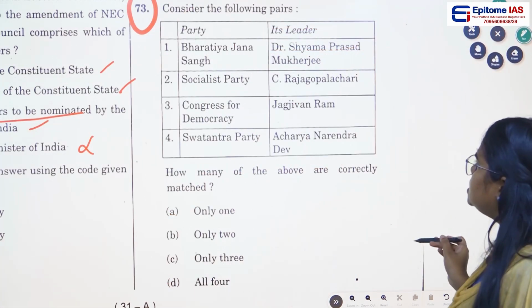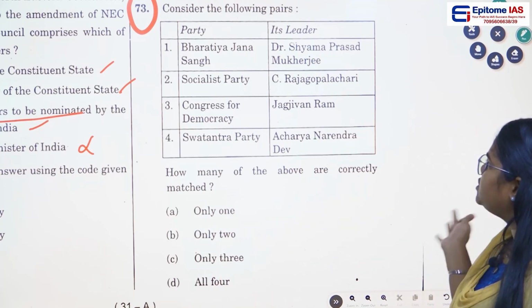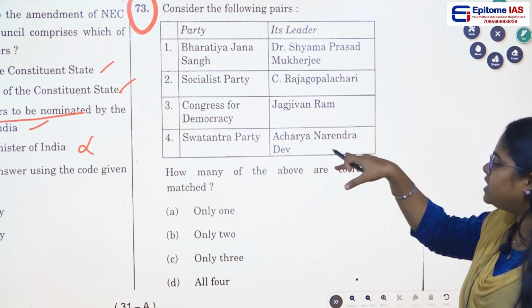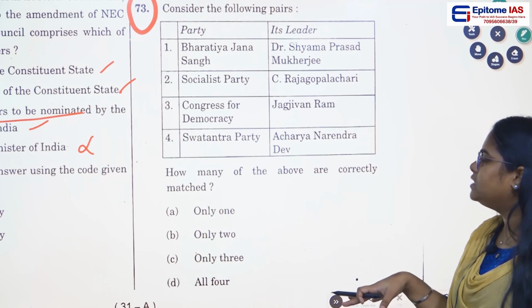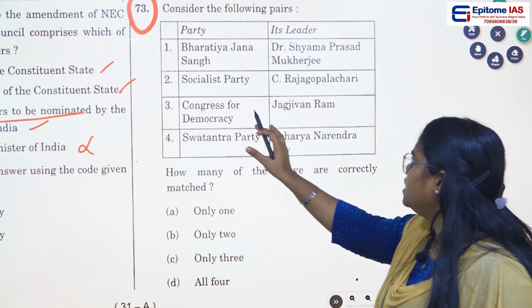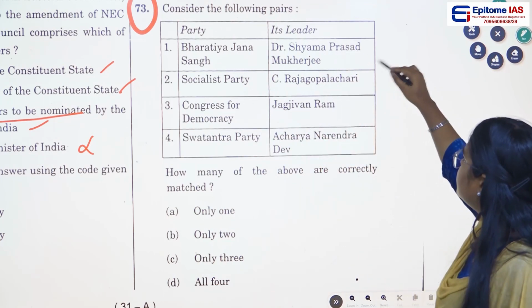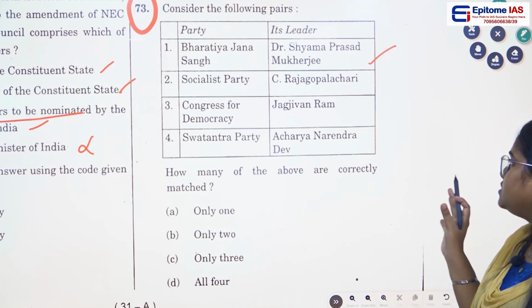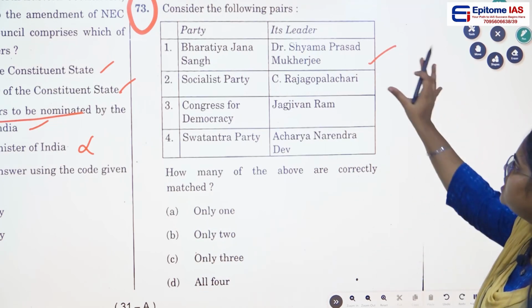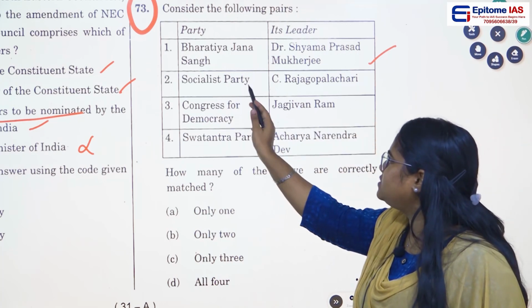So the next question, they have given the parties on this side, and they have given matching pairs of which of the leaders are related to that particular party. The first option they have given is Bharatiya Jana Sangh. It is related to Shyama Prasad Mukherjee. Yes, this is correct. And the second statement is Socialist Party.